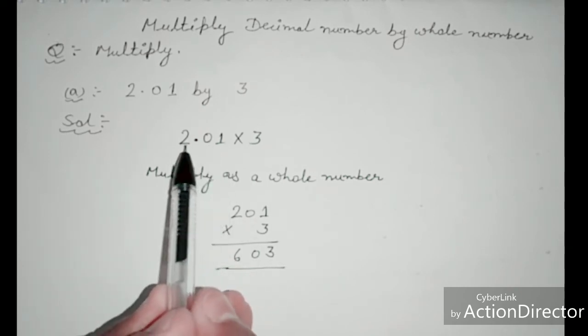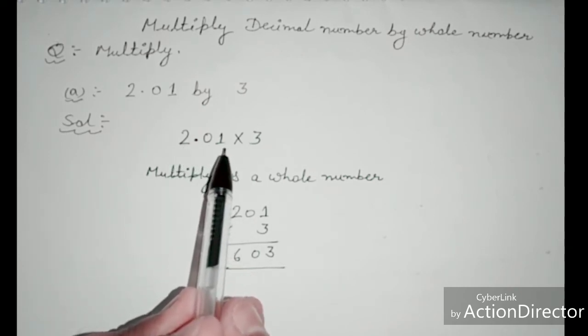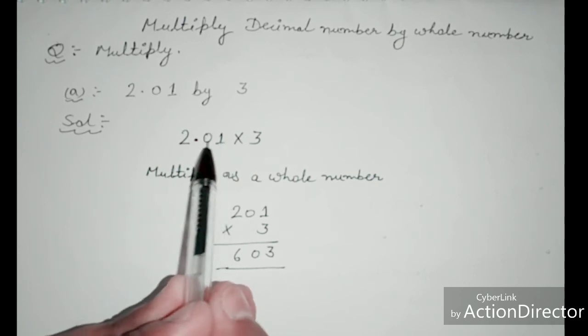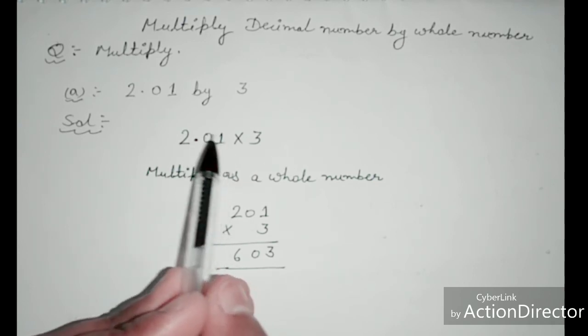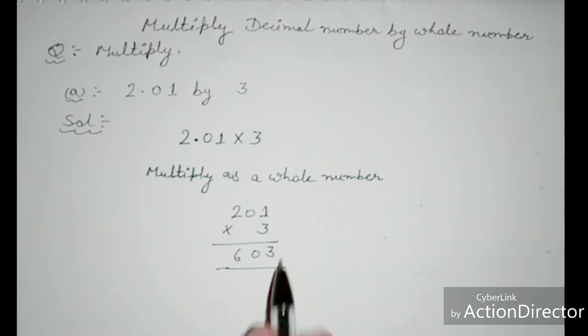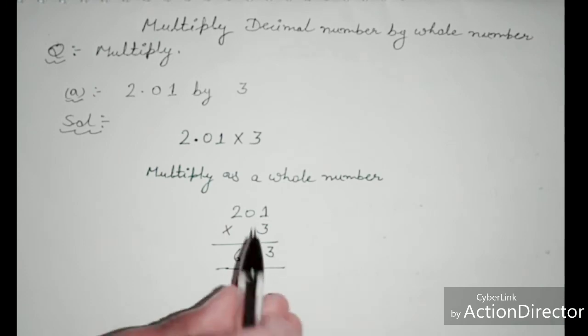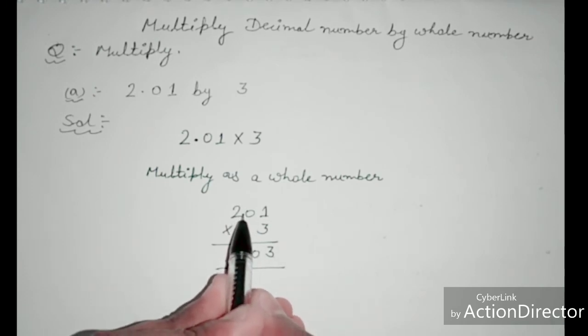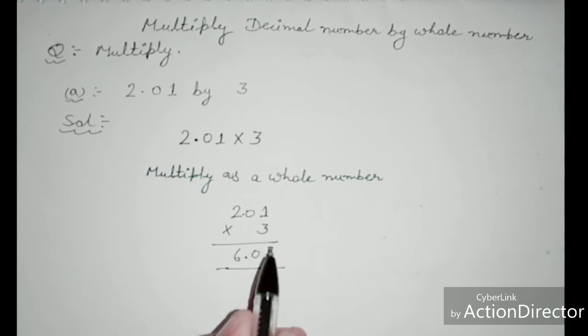Because the 2.01, the decimal number, has 2 digits after the decimal, we put the decimal before 2 digits and start from the unit place, 1 2. So when we multiply 2.01 by 3, we get the product 6.03.